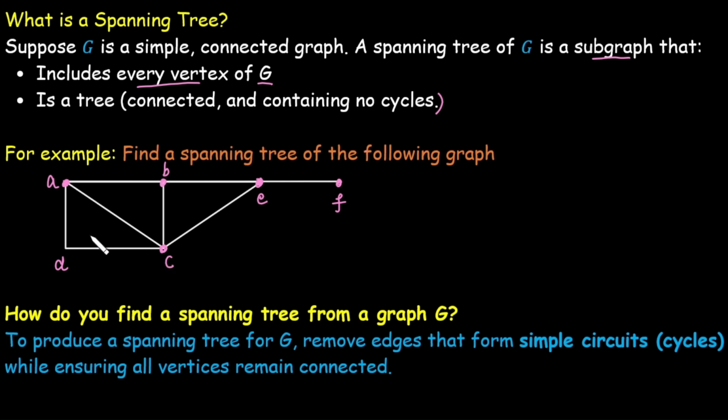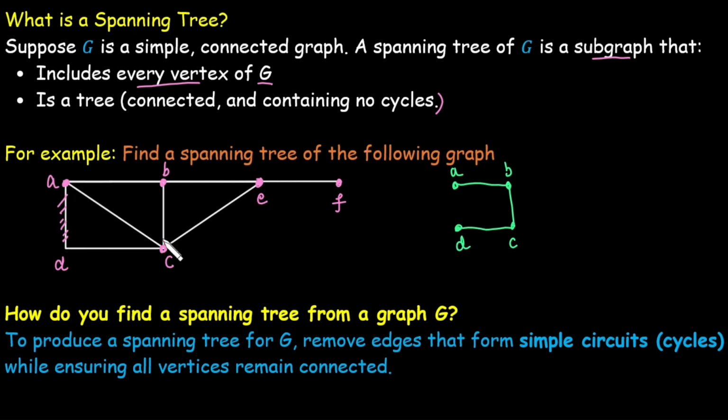So how we can remove this one? So we can remove this edge A to D. So we are taking a vertex A and B by an edge. Then B is connected to the C vertex. C is connected to the D vertex.